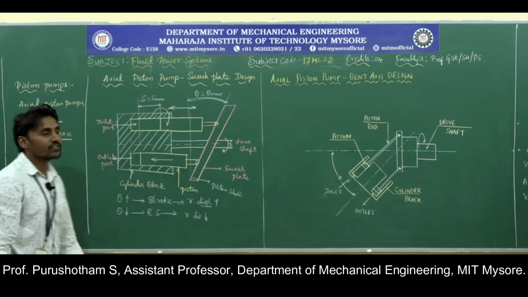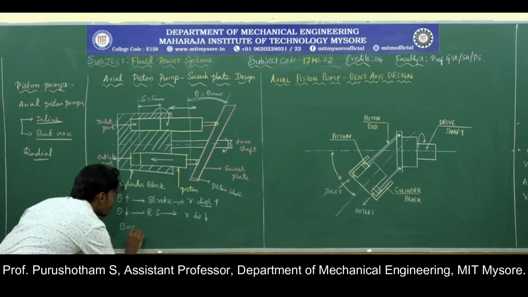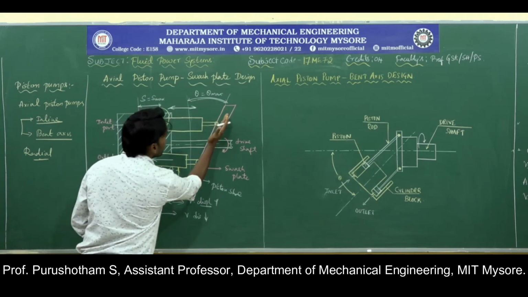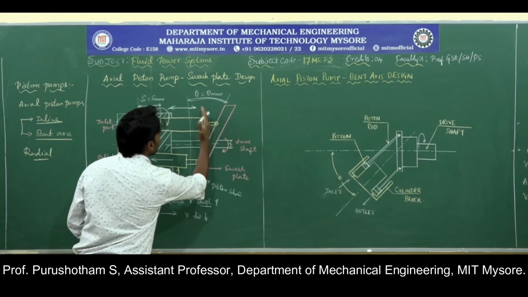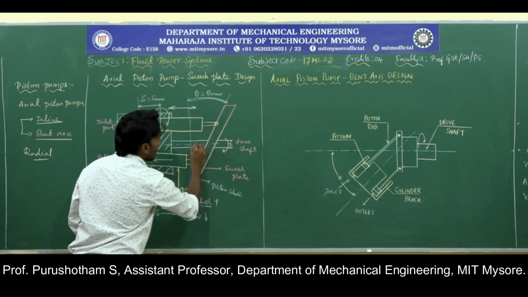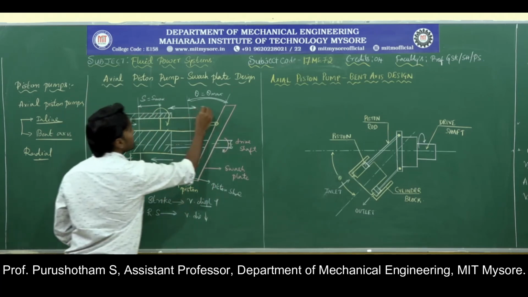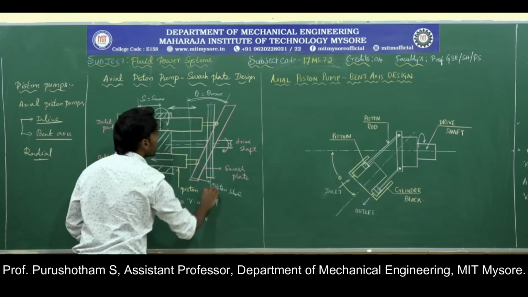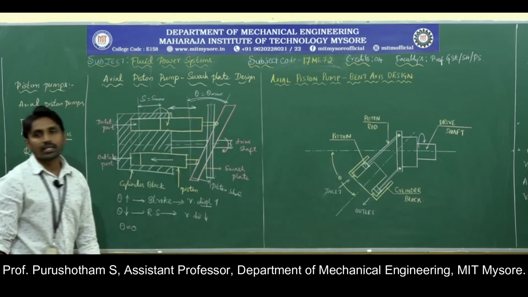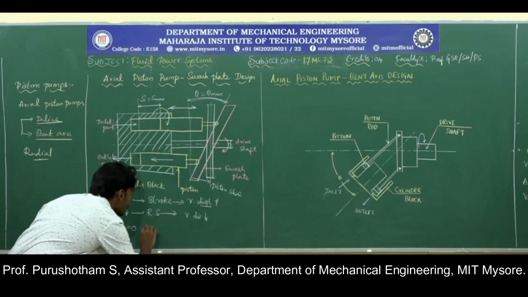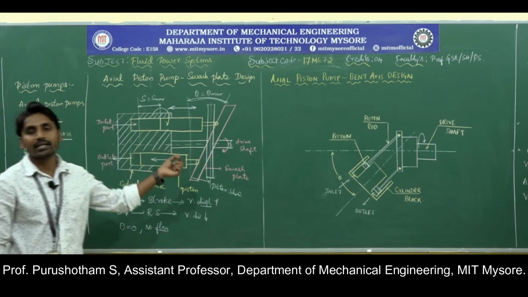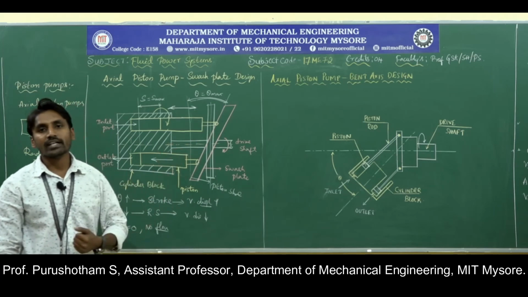If theta is 0, that means the swash plate becomes perpendicular to the axis of the driving shaft, then there is no flow of fluid into the chamber and no pumping action.